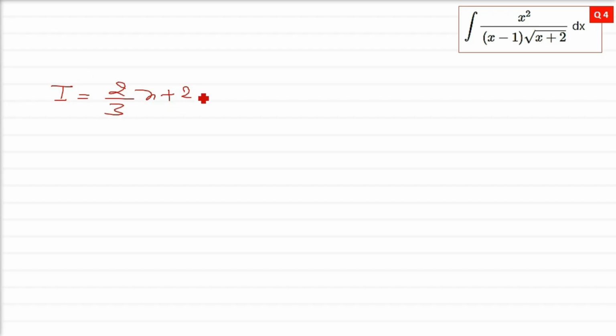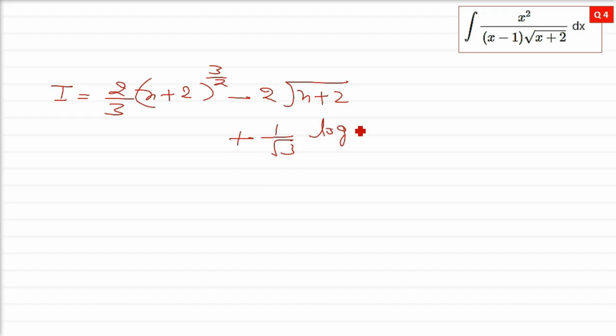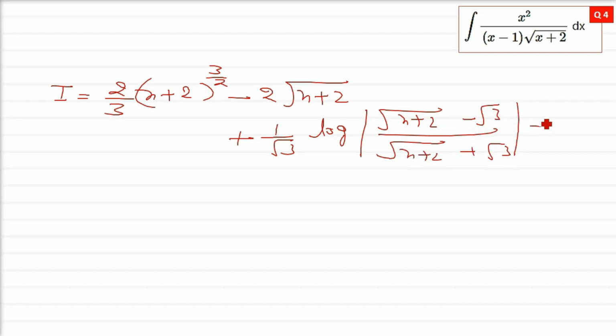So I'm writing the final result: 2 by 3 into x plus 2 to the power 3 by 2, because it was already t cube, then you have to put a root also, which will form half; 3 into half is 3 by 2 only. Minus twice under root x plus 2. This is the third term: 1 by root 3 log modulus of root x plus 2 minus root 3 divided by root x plus 2 plus root 3, plus a constant of integration. This is your final result.